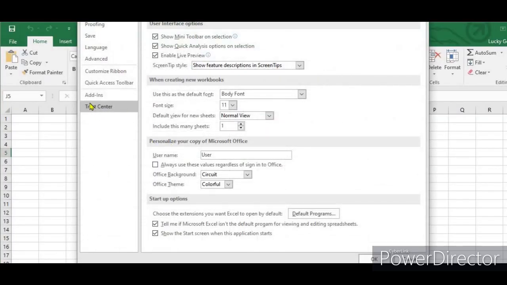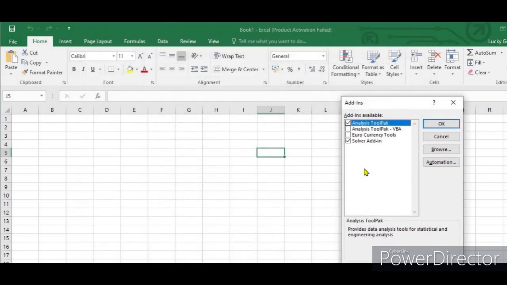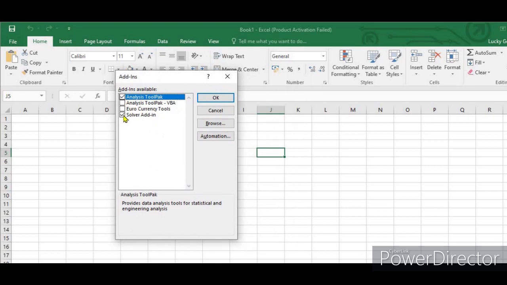After going to Options, you go to Add-ins. In the Manage box, you select Excel Add-ins, then click Go. Now in this box, you will select Solver Add-in. Okay, Solver Add-in. So you will just click OK.